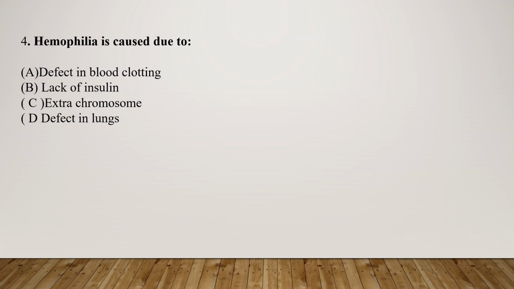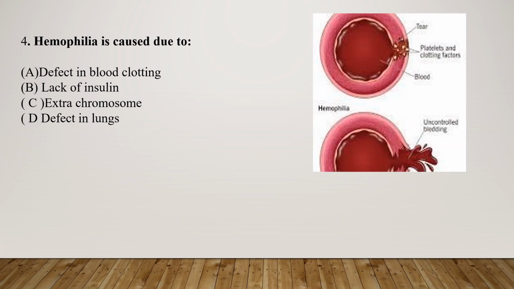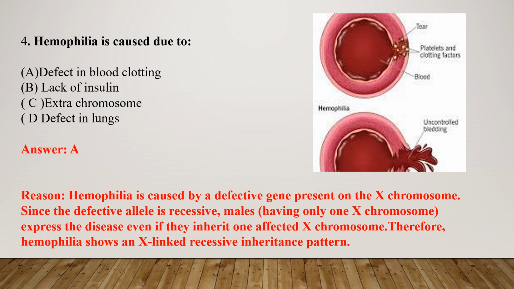Hemophilia is caused due to which defect? We discussed this slide before. Lack of insulin, extra chromosome, defect in lungs, or defect in blood clotting. The answer is A, defect in blood clotting. Here blood is not clotting and uncontrolled bleeding is seen.